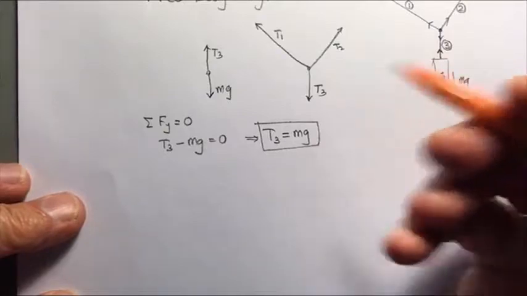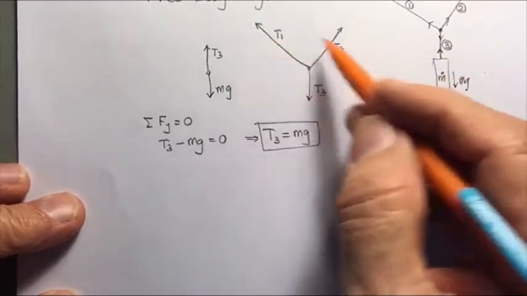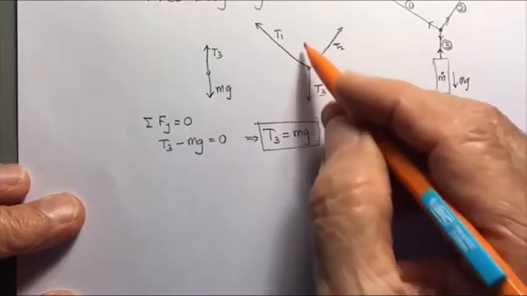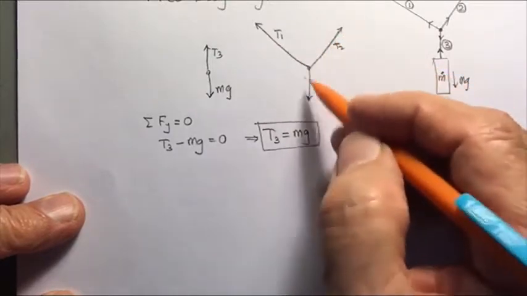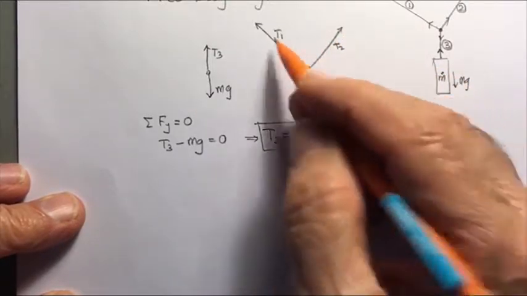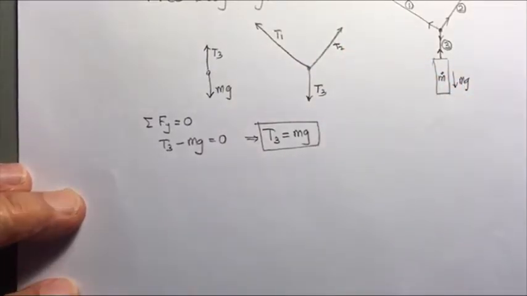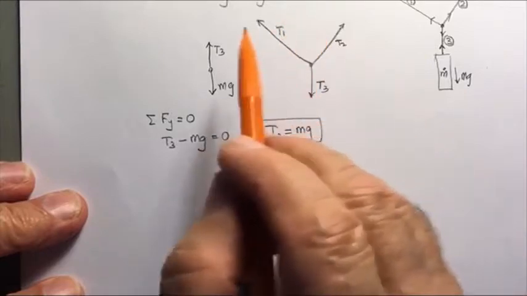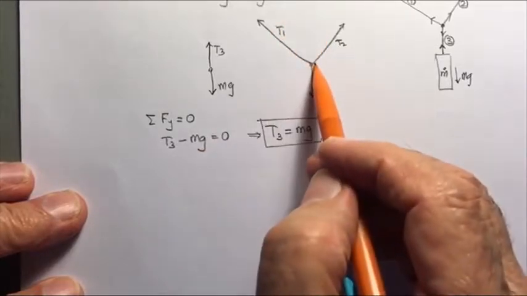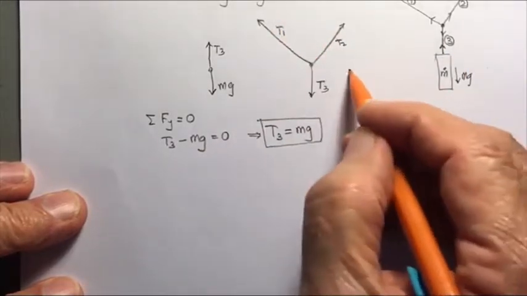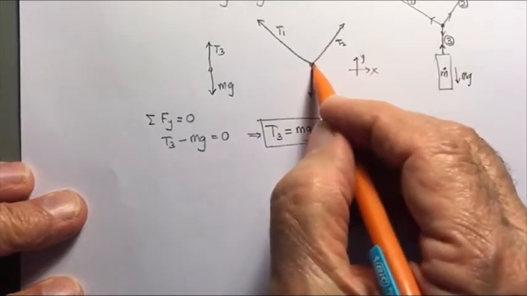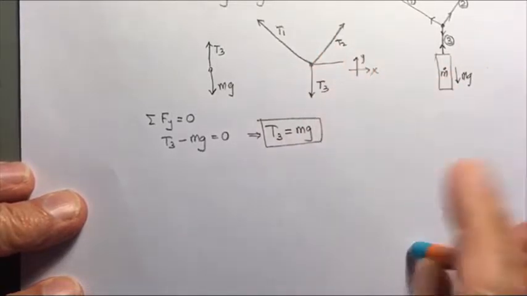Now, a first thought might be that T3 is going to be T1 plus T2. Well, in vector form, yes, T3 vector equals T1 vector plus T2 vector, but in terms of magnitude, T3 is not equal to T1 plus T2. So now we write the equation for here, but we need to break the forces up into x and y directions. So we'll break this into an x component.